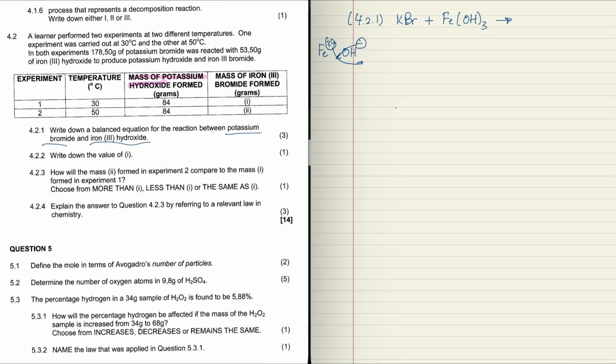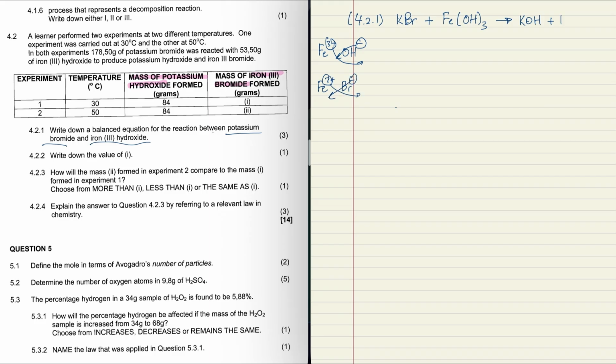You have potassium hydroxide and you have iron 3 bromide. So potassium hydroxide is KOH. So KOH plus, and iron 3 bromide, once again, so Fe3+ and Br minus. To have them balance, you switch the numbers.